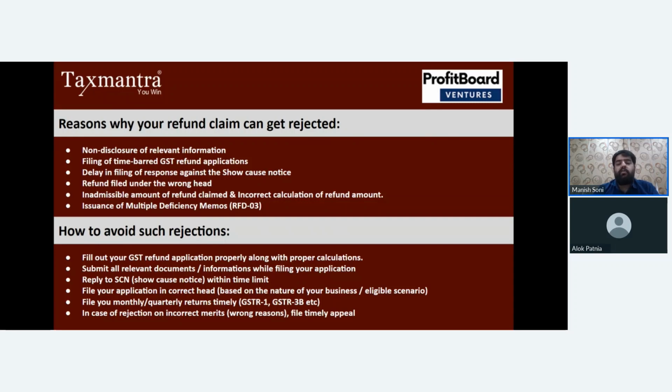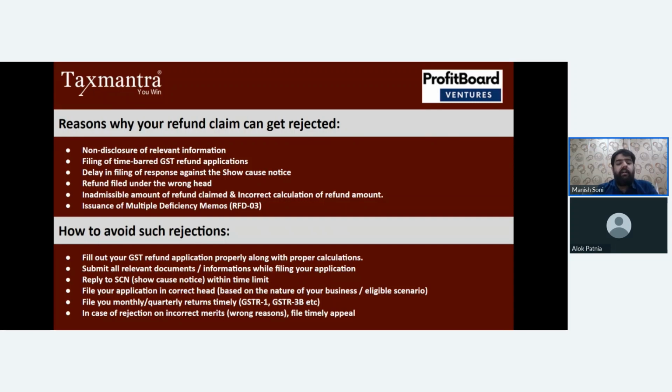Those replies have to be submitted within timelines. The timeline is 7 days, and it may differ from 7 to 15 days. But we have to be very proactive and responsive to the officers, and we have to make the replies within the due time.